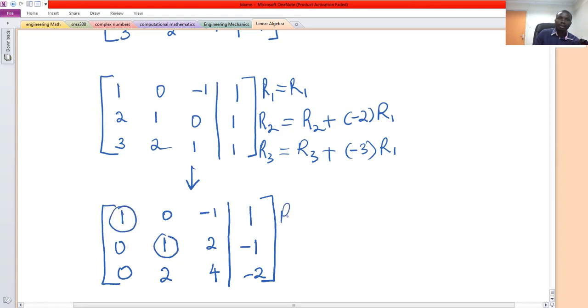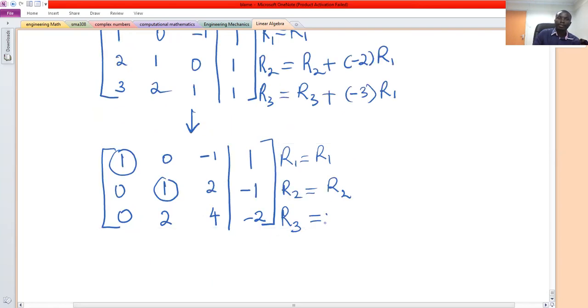So row 1 remains row 1, row 2 remains row 2, and then row 3 will be given by row 3 plus -2 row 2.